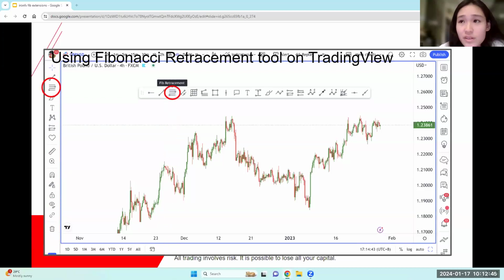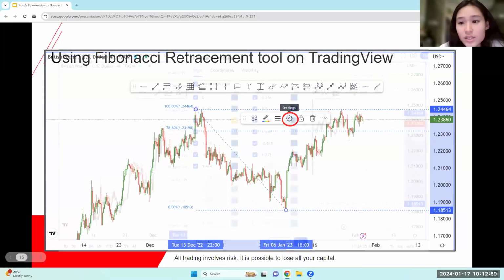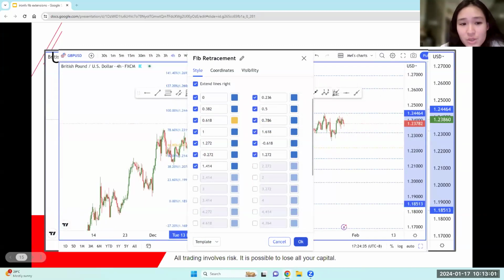Yeah, here you can see I've circled it out. And then after you've connected your Fibonacci trend line, this floating bar will pop up over here. So when you click on settings, this selection box will appear, so you can select any other levels that you wish.